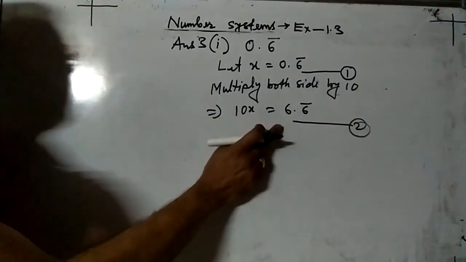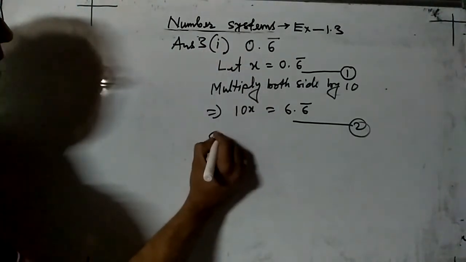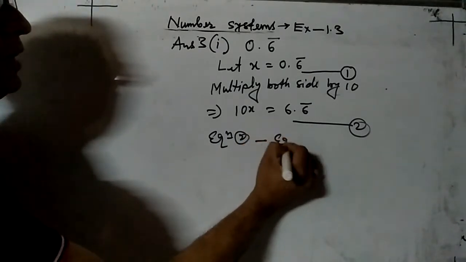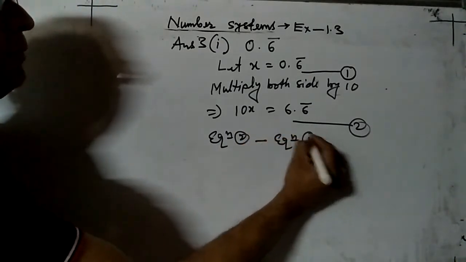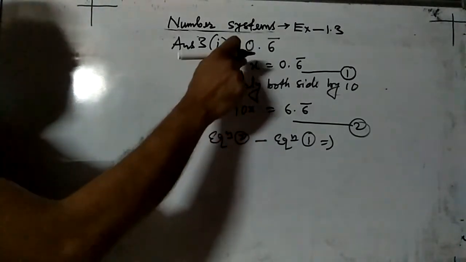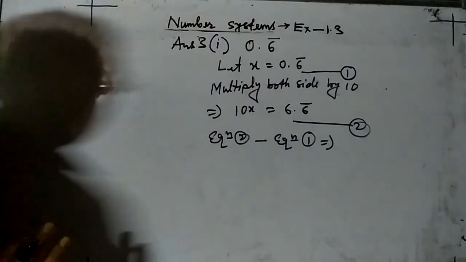Now subtract equation number 1 from equation number 2. Equation number 2 minus equation number 1 implies: left hand side will be subtracted from left hand side, and right hand side from right hand side.